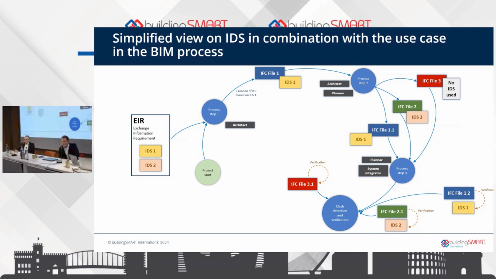And then when it comes to the end of the project, what's going to happen? Clash detection, of course, and verification, and that's where you also use the IDSs, which developed or evolved out of the use cases we are doing.